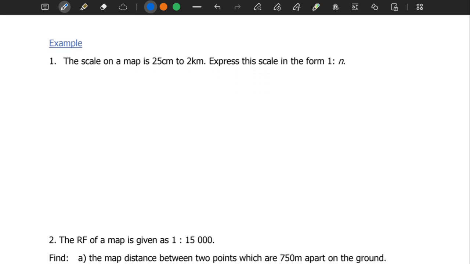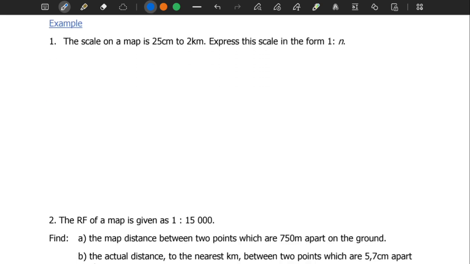So the next example, it's almost the same as what we've been doing. It says the scale on the map is 25 centimeters to 2 kilometers. Express this in the form 1 is to n. So again, you convert kilometers to centimeters, right?